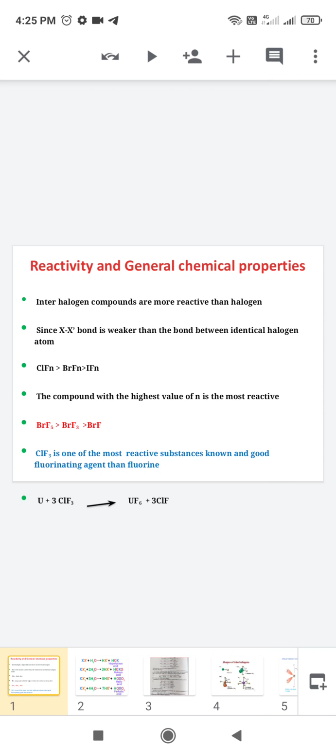And ClF3 is one of the most reactive substances known and a better fluorinating agent than fluorine. See one example. If the uranium element reacts with ClF3, we will get UF6. That means we have fluorinated the uranium element, and ClF is also formed.